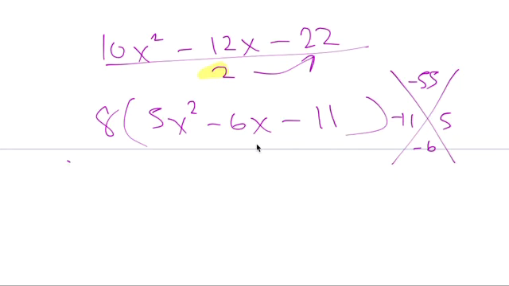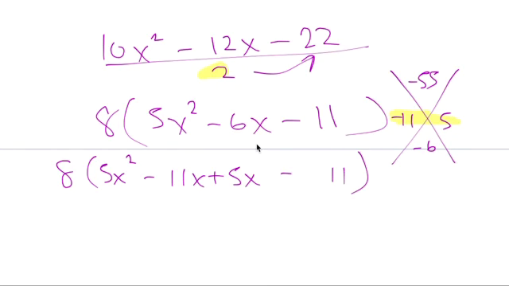So factor by grouping. 8 parentheses 5x squared minus, instead of 6x, you put 11x plus 5x. Minus 11.